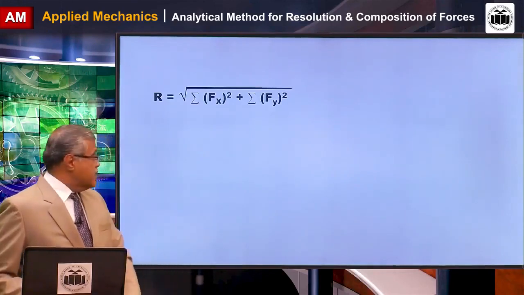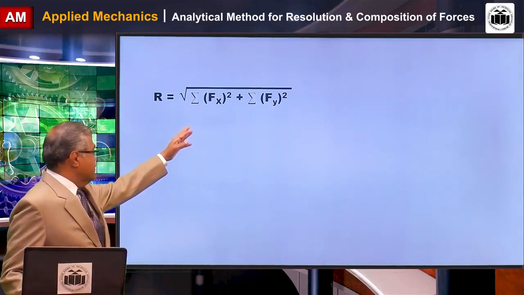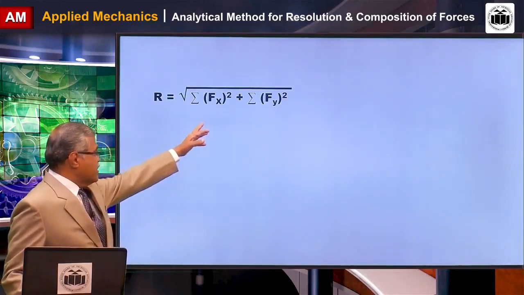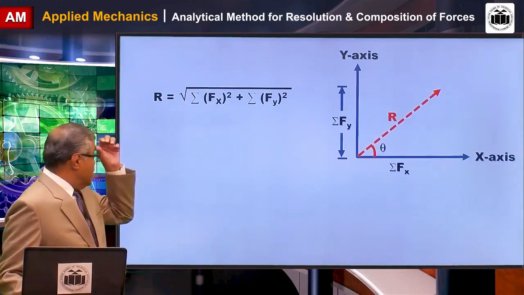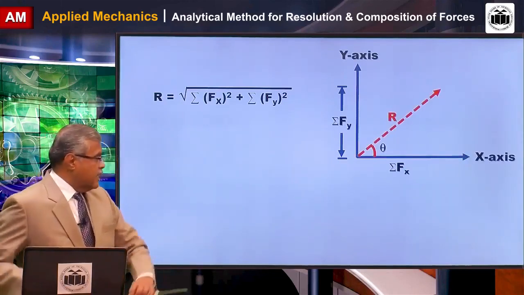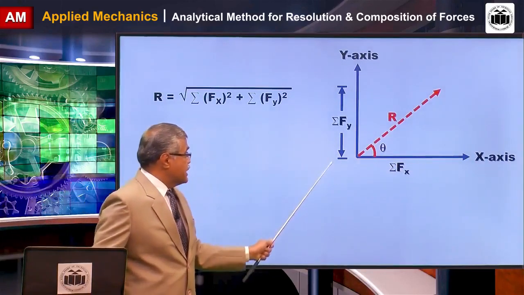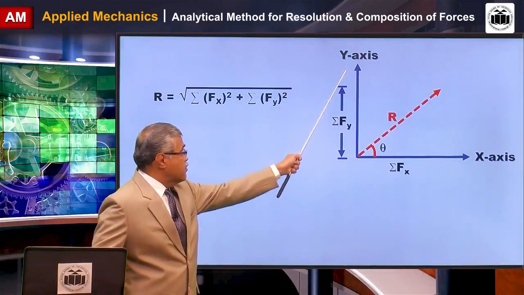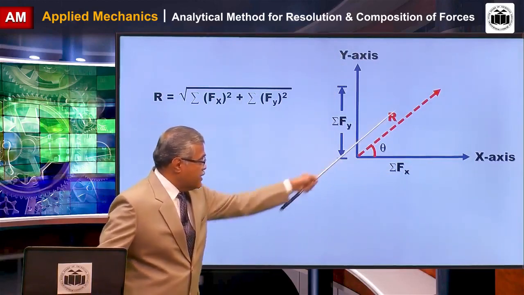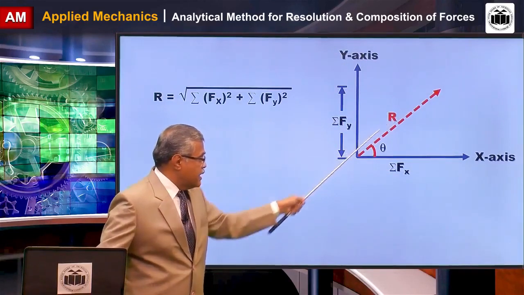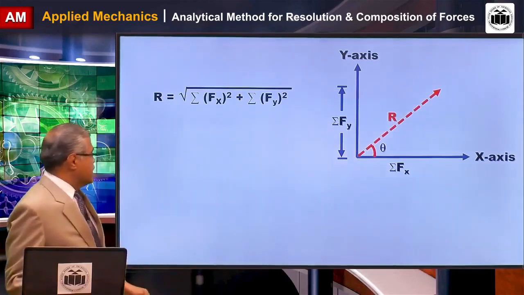Then the resultant of this system is given by the formula: square root of summation Fx square plus summation Fy square. Now if summation Fx has its direction towards the right and summation Fy has its direction upward, then the resultant will act in this fashion, in the first quadrant, making an angle of theta with the horizontal.